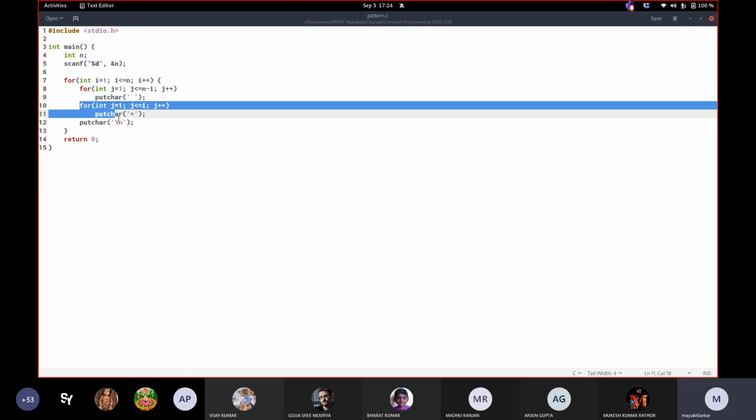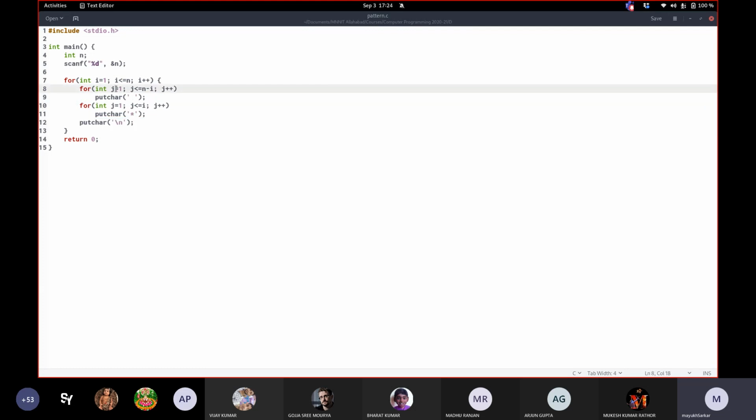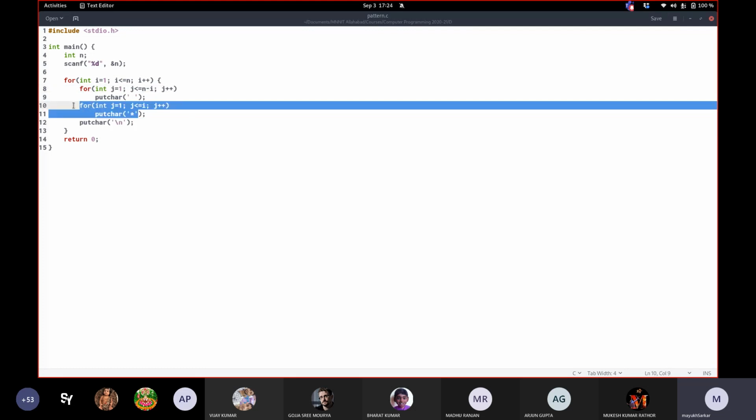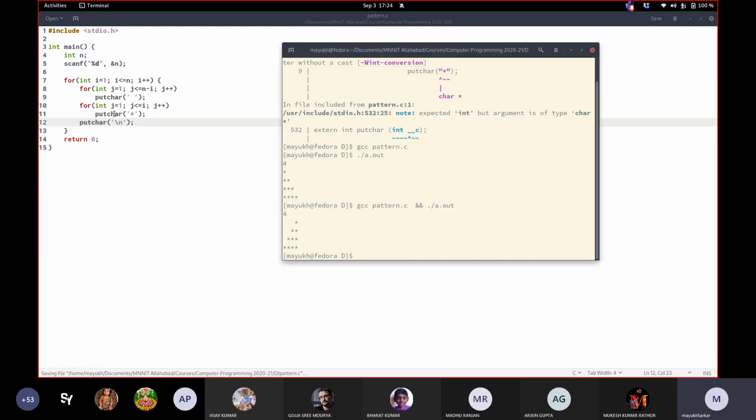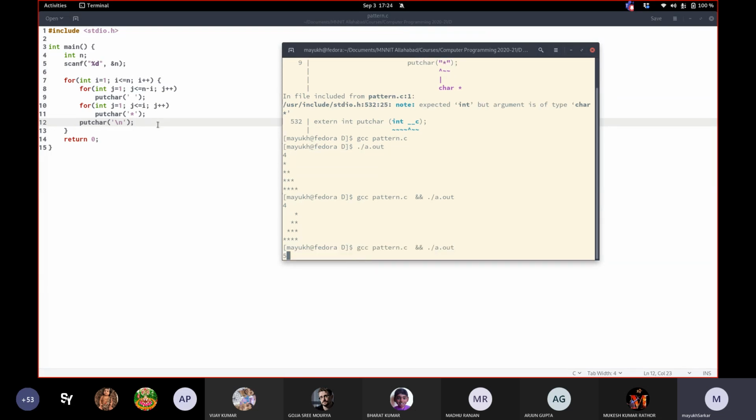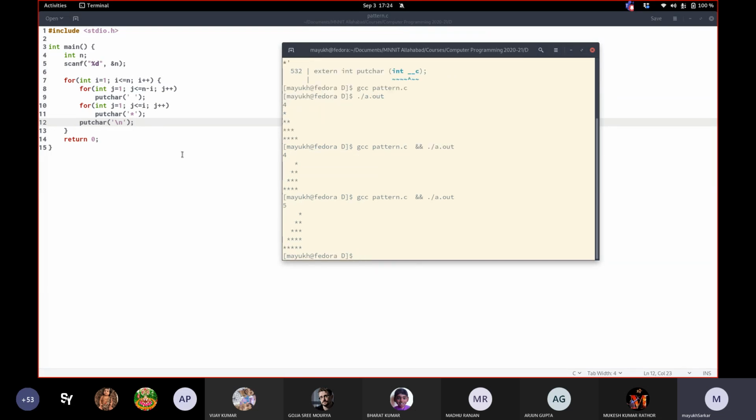So from this line, this j is not visible anymore, whereas this j is visible on these two lines. So you can write this j quite safely in two separate loops at the same level. But you cannot declare i again here, right?